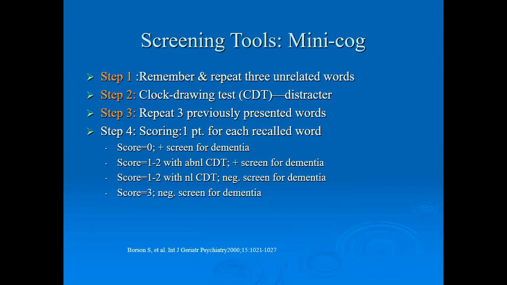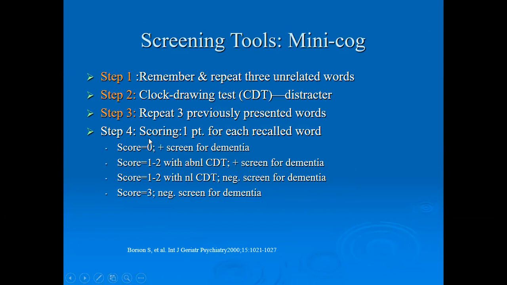Step 4 is your interpretation. You give 1 point to each word recalled, so if the patient has recalled all the 3 words, it gives 3 points, and then the clock draw test is going to give 2 points.